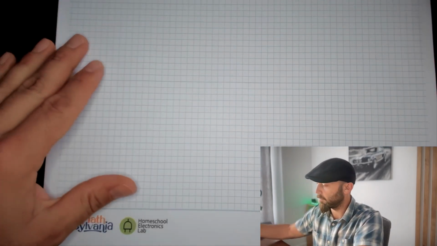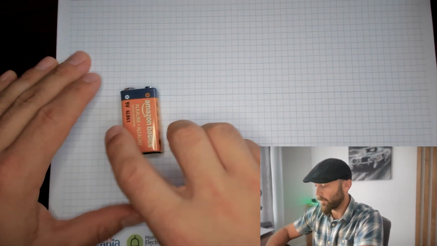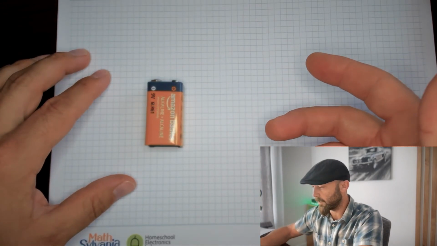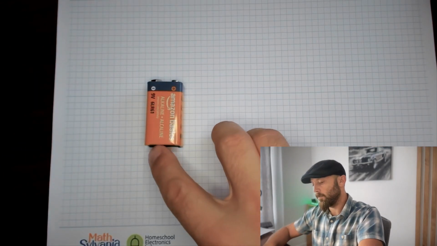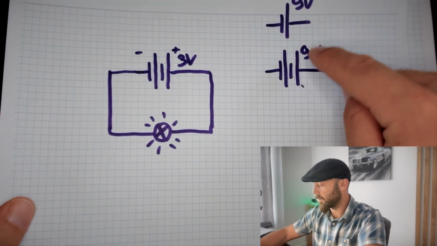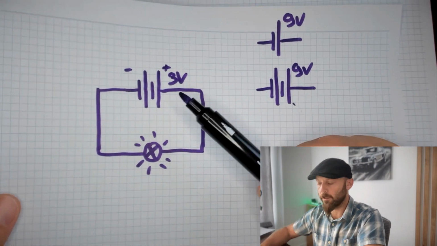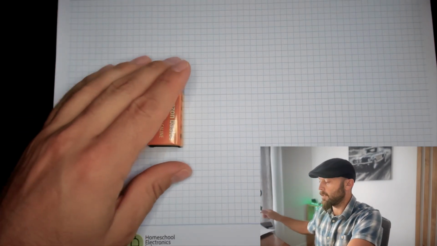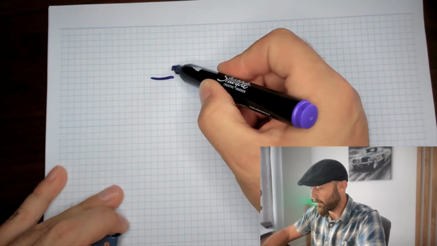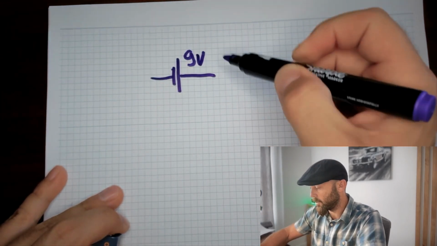So sometimes when you see a battery like this being used, even if it's just one piece of battery, it could have multiple cells inside. So we don't necessarily care whether the representation is like this or like that. What we really care about is the voltage. The most important thing that needs to be represented on the circuit is the voltage.